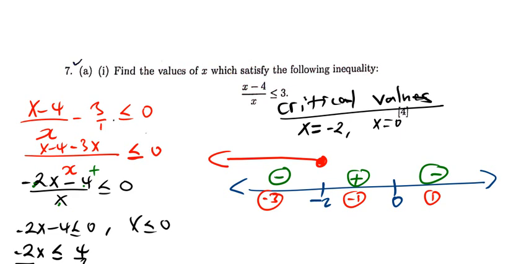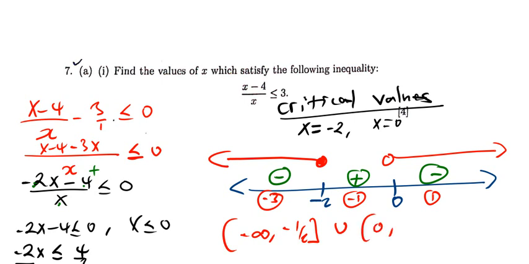So 0 should not be included, because once 0 is included, this is going to be undefined. So the answer is from negative infinity to negative 2, included, union 0 all the way to positive infinity. This is the answer for this inequality.